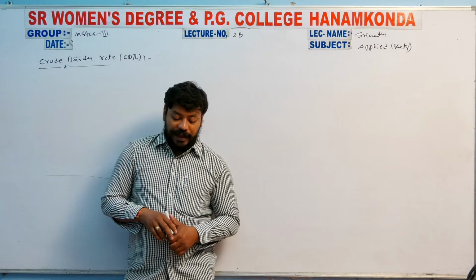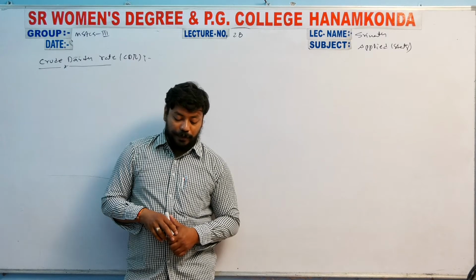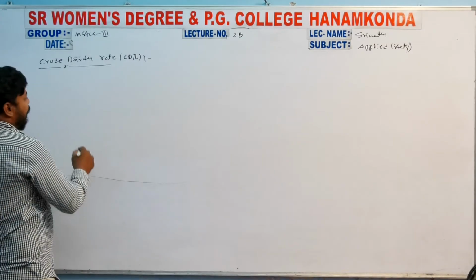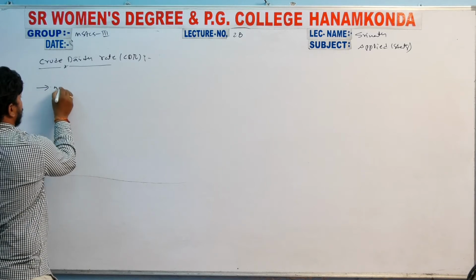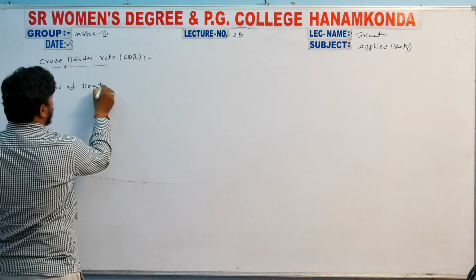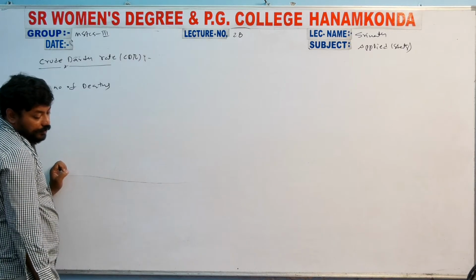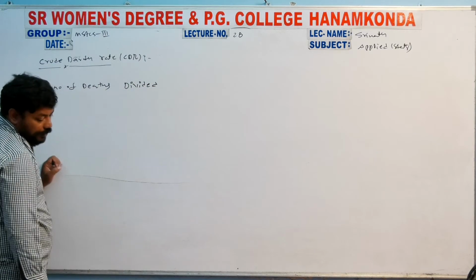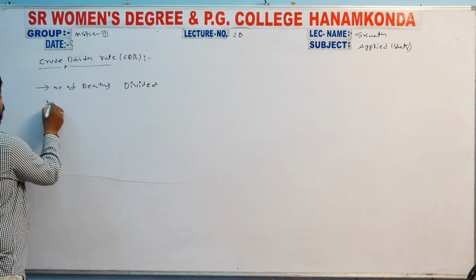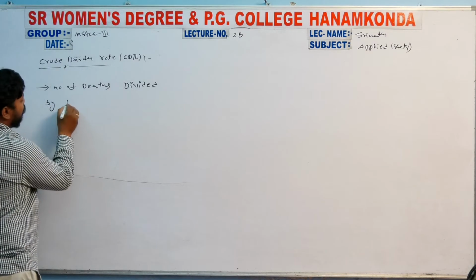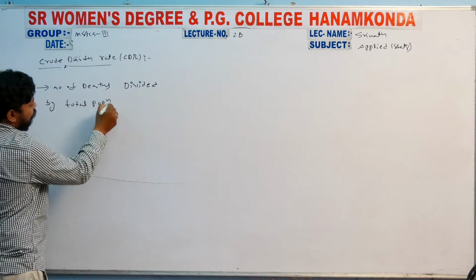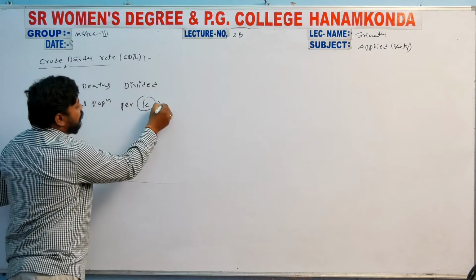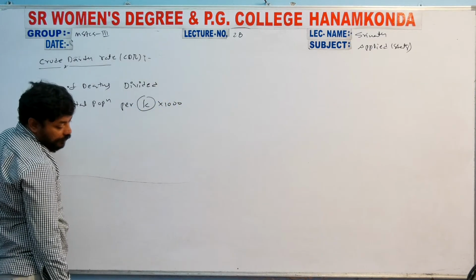It is defined as number of deaths divided by total population per k people, where k means a constant, 1000.